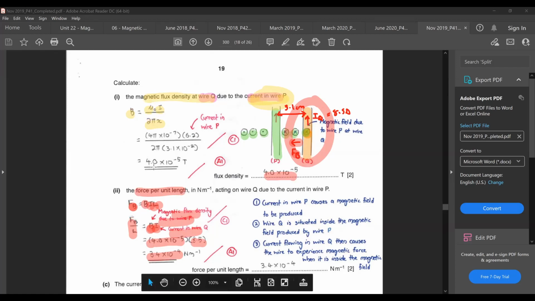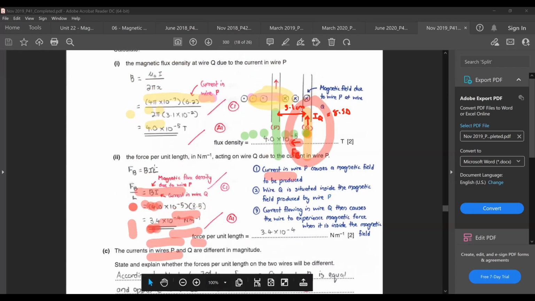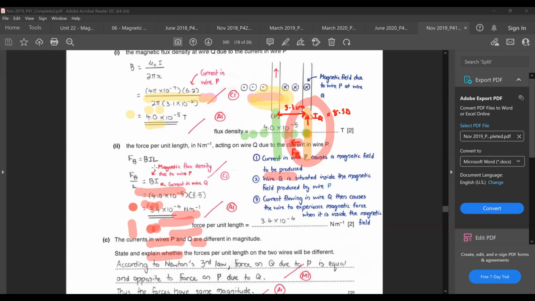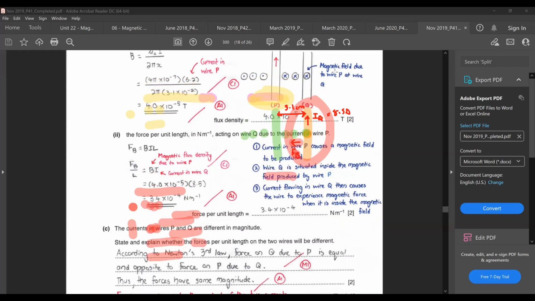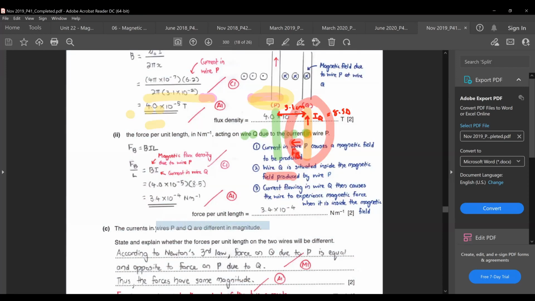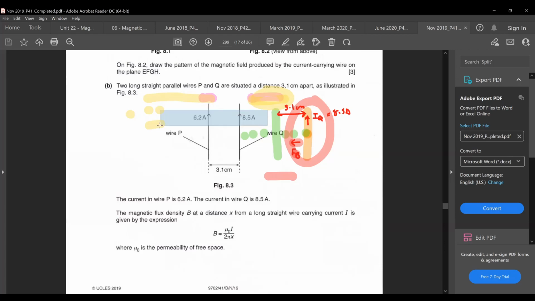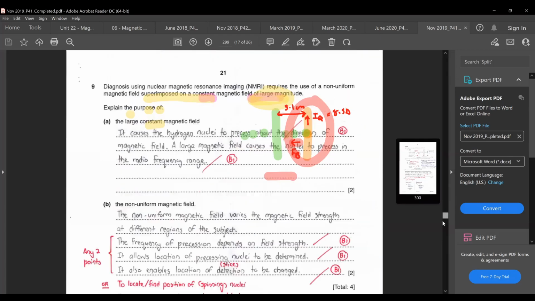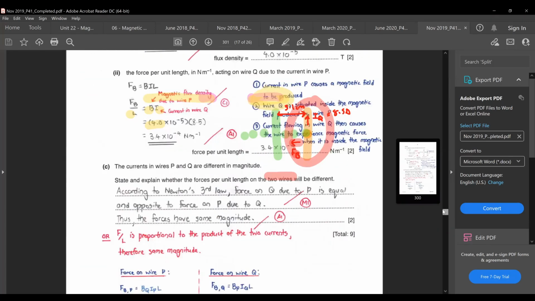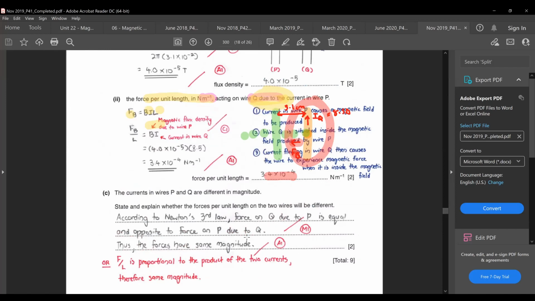Right, so if this one is okay, then you look at the part C here. They tell you the currents in wire P and Q are of different magnitudes. All right. Still explain whether the forces per unit length on the wires will be different. So the current here already is shown to be different. They now state to you that the currents are different. Would the different current cause the force per unit length on the wires to be different?